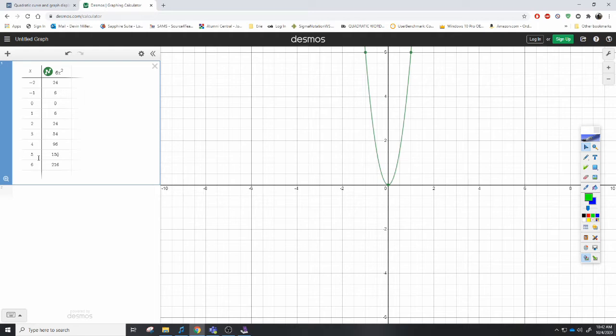So I'm going to pick 4 and 5, 96 and 150. You pick something different, do the slope, and we'll see that it should be different. Different answers.